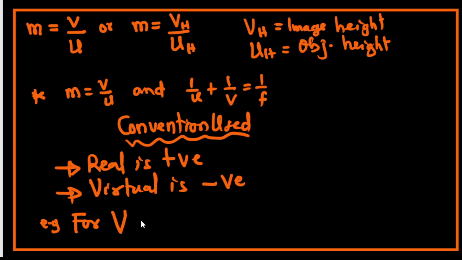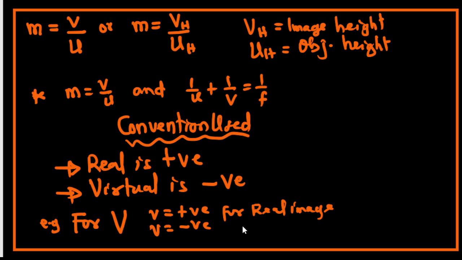which is the image distance, we can say v equals positive for a real image, while v is negative for a virtual image.